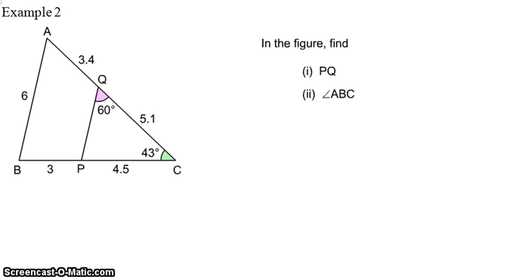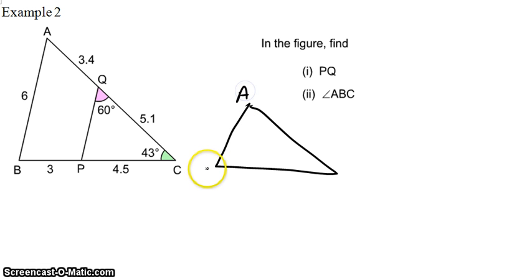So in this case, what I'd be looking at is not flipping things over or turning them around, but I would be looking at splitting those two triangles so that I've got a big triangle, which would be ABC, and then put those values on. AC is 6. Now BC obviously is the length 3 plus that length 4.5.